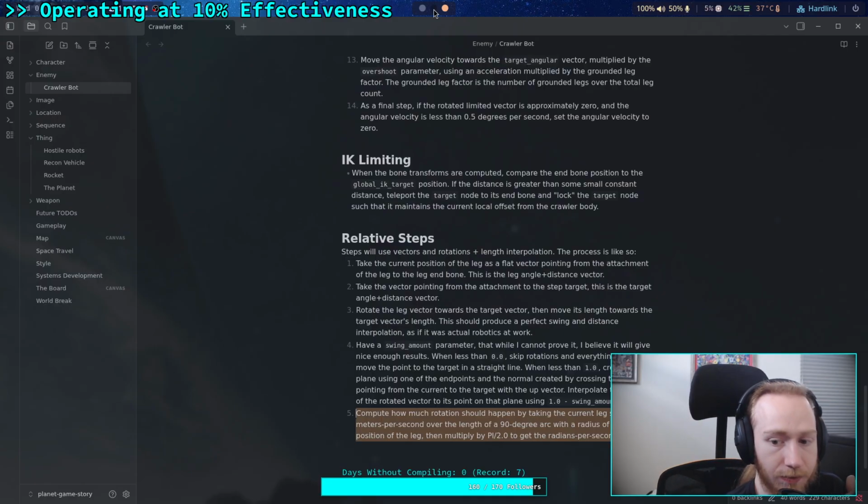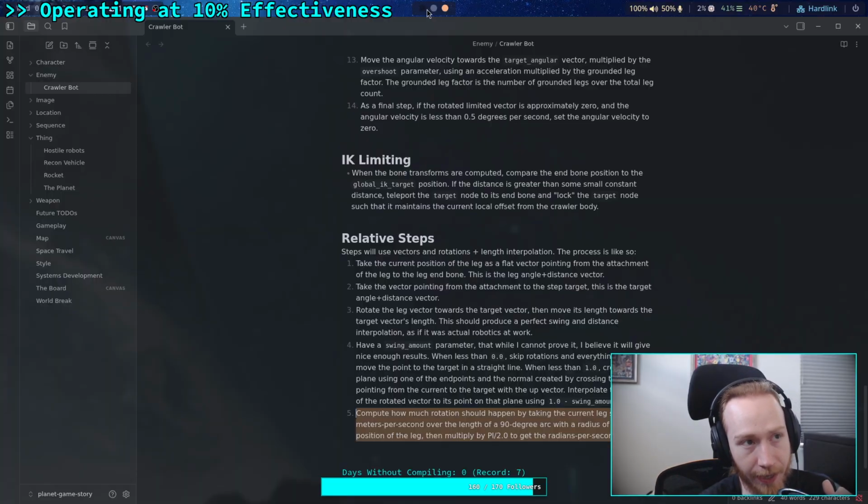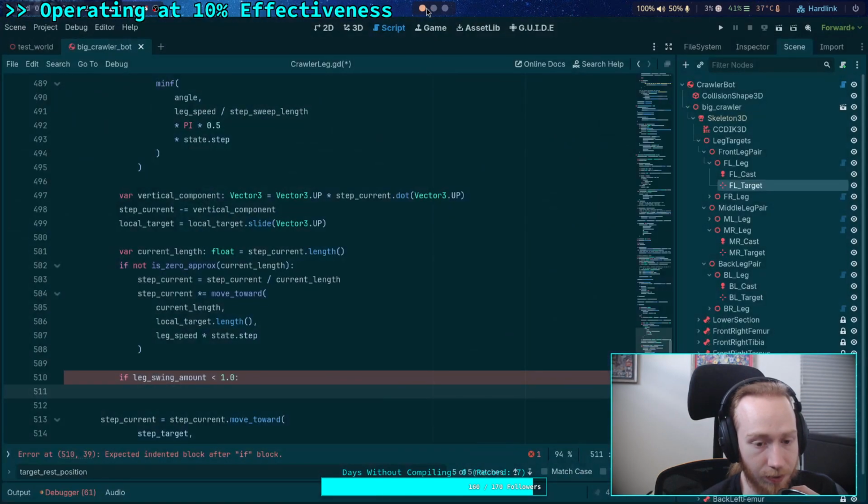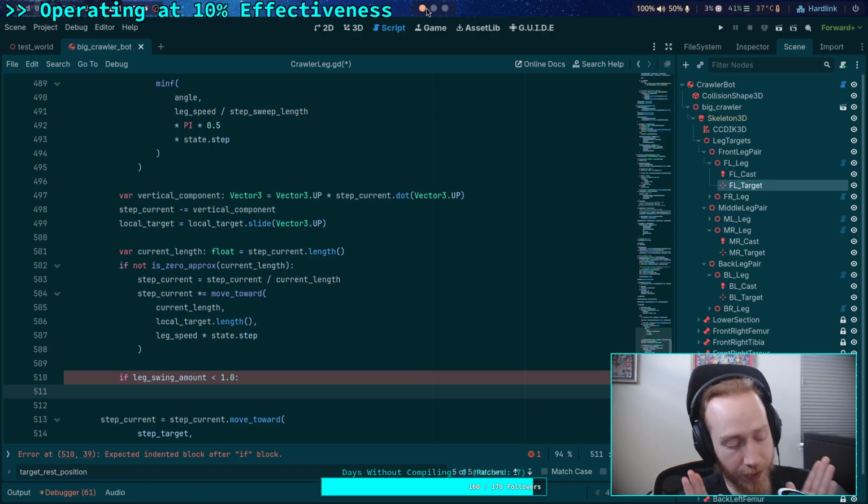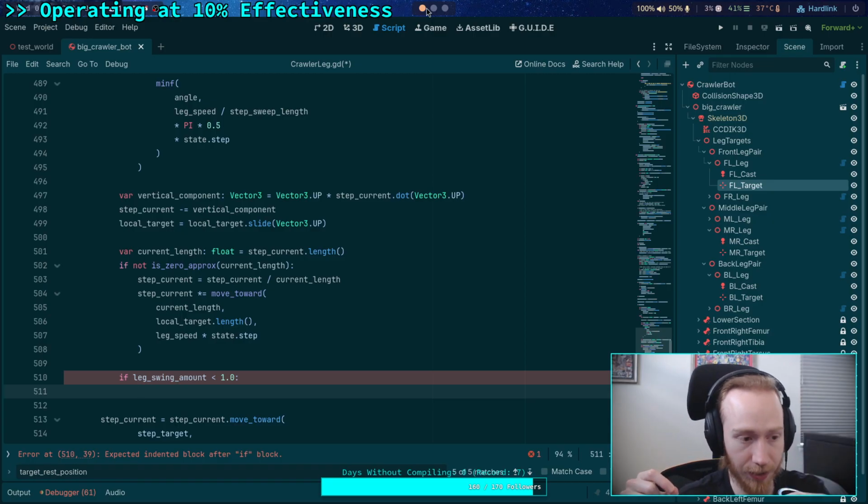And then I interpolate the length of that to... Or, well, I interpolate that point to... Though the vectors are pointing out from the attachment point, they're also just represented as points in space. So I have my new point here, which is what step current currently is.